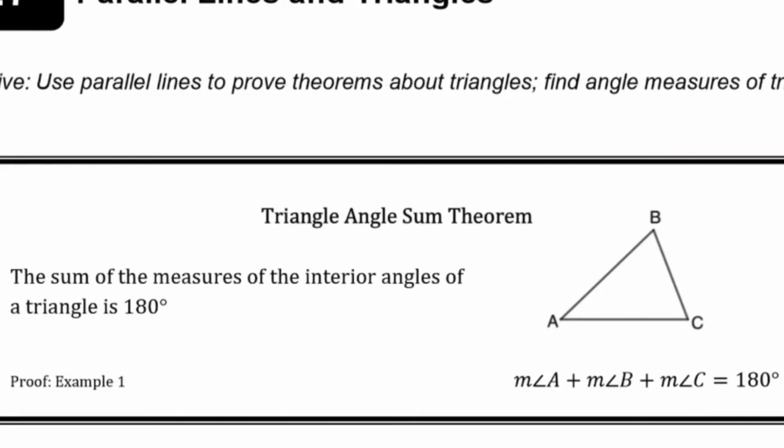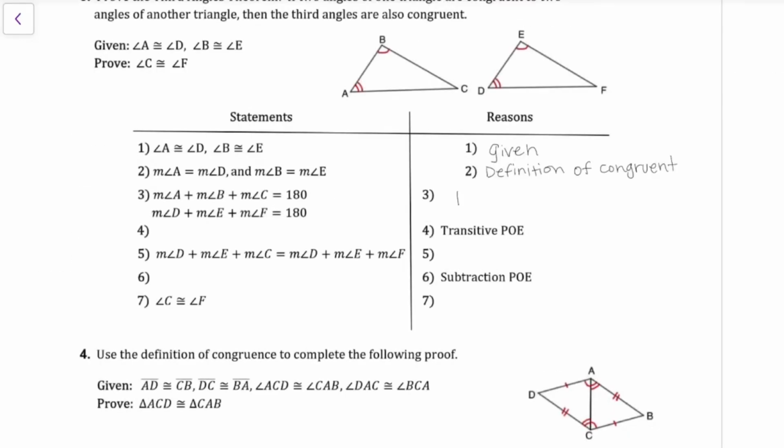So we can use this a lot when proving triangles are congruent. So we know that the measure of angle A plus the measure of angle B plus the measure of angle C equals 180, and the measure of angle D, the measure of angle E, and the measure of angle F all add up to 180 degrees because of that triangle angle sum theorem.